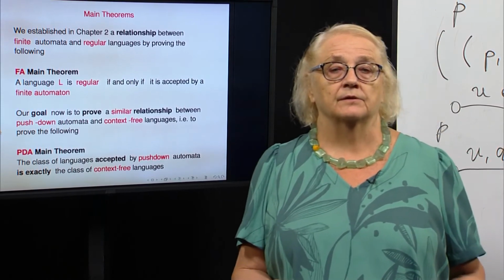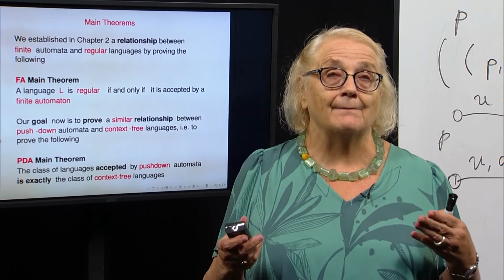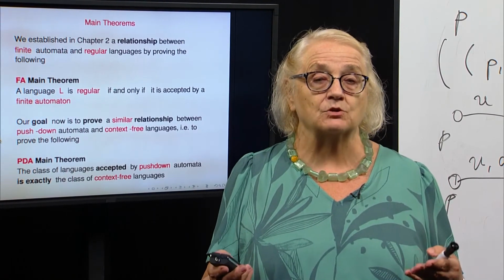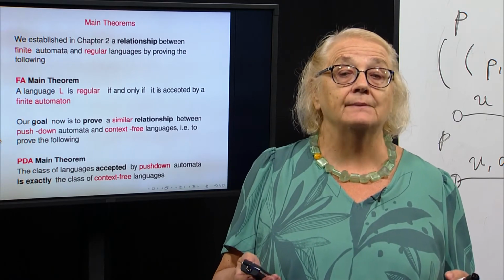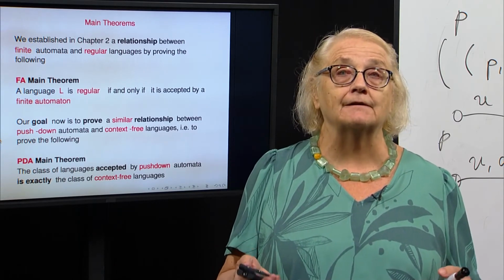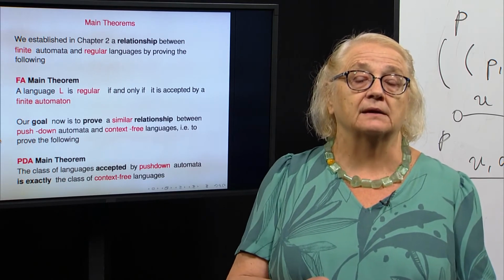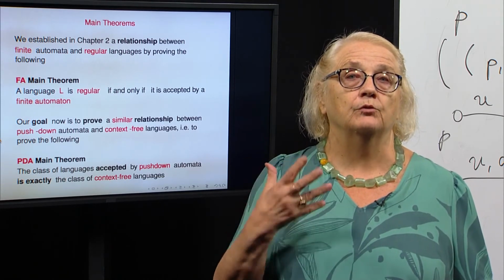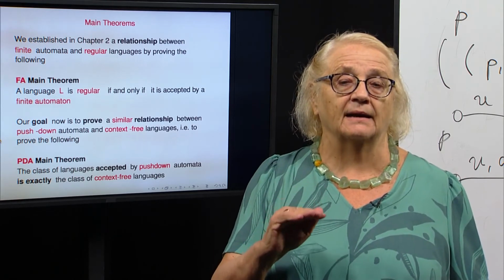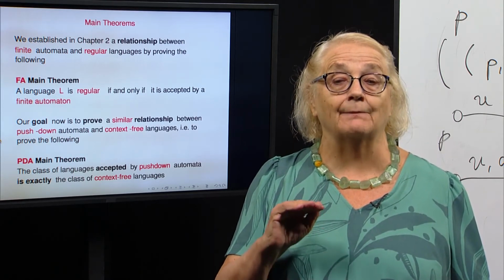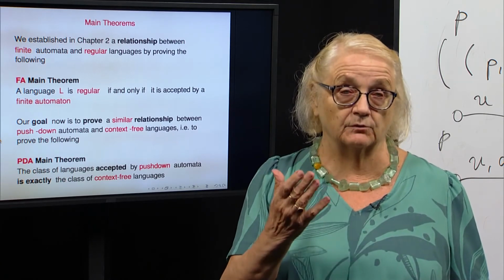Just to remind you, we had a main theorem for finite automata which I called the FA main theorem. The language is regular if and only if it is accepted by a finite automaton. And now we want to prove a similar theorem that the class of languages accepted by pushdown automata is exactly the class of context-free languages.